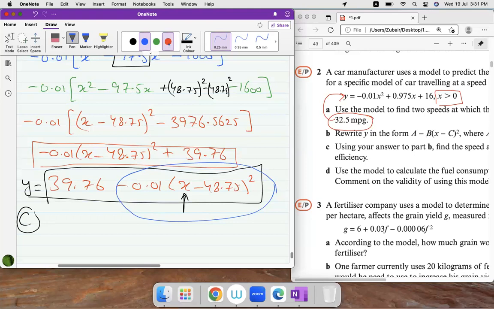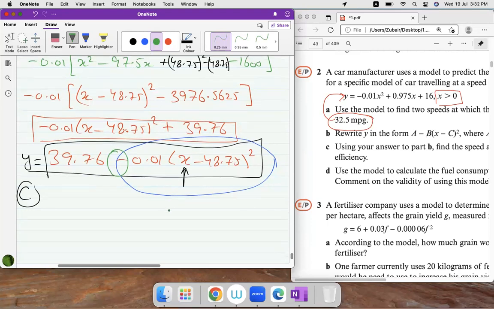Because whatever you choose, this is going to be subtracted from this. So the least value which you can subtract is 0. X equal to 48.75 then? Yes. So when X is 48.75, when your speed is 48.75, only then this expression will be equal to 0, making the remaining answer 39.76, which is greatest of all.